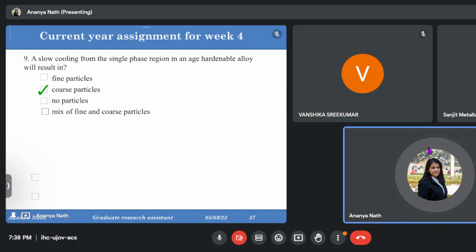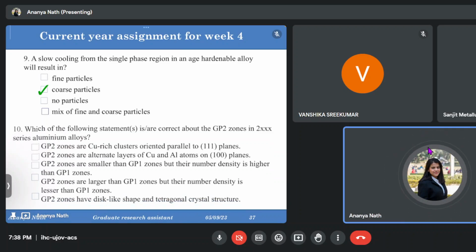This is why the particles are coarse in nature. But for fast cooling, as soon as you quench it down from a very elevated temperature, they do not get sufficient time for that growth. This is why they are fine particles and strengthen due to the fine particles.